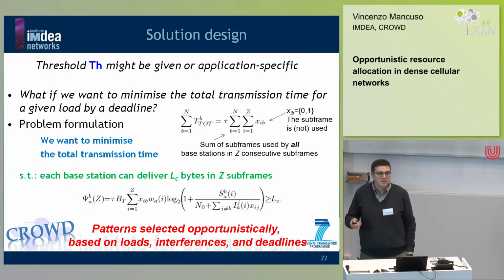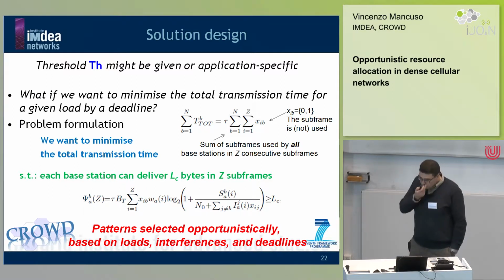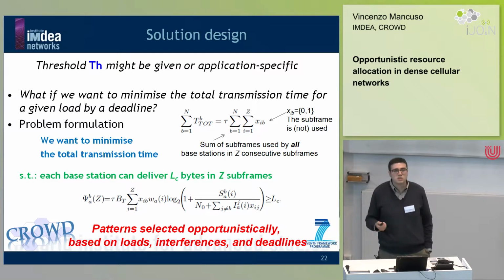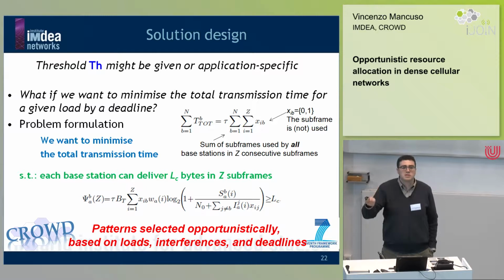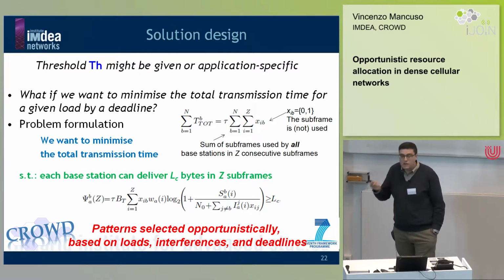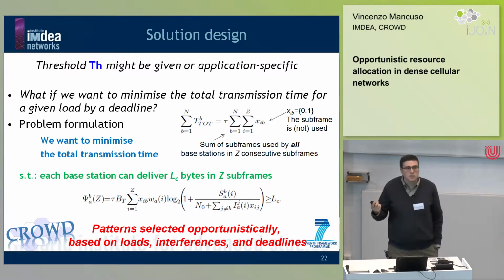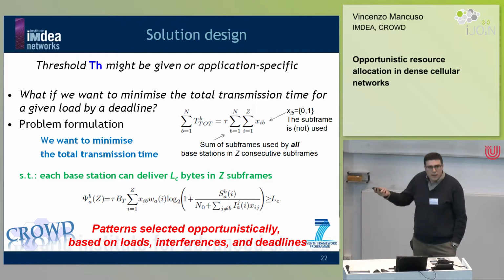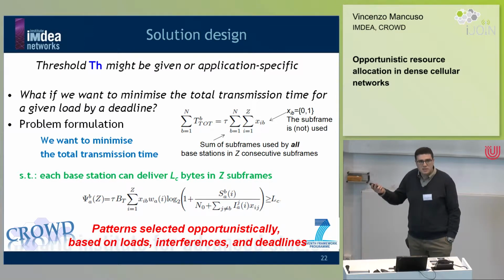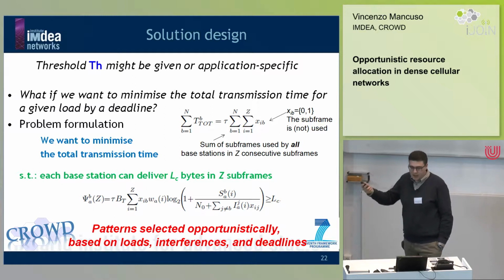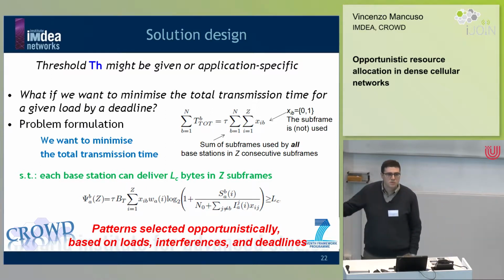If you work this way, and you know the load of each base station and the time horizon in which you want to serve the load, which is a typical thing in cellular networks, because you request some volume of traffic you want to transmit, or you register to some service for which it's possible to estimate the load, then you may reasonably estimate the deadline and the volume of traffic in the next few seconds.